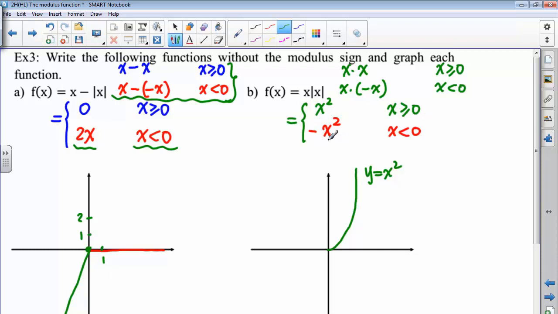And the other part is negative x squared. Negative x squared and x squared, these two parabolas have the opposite direction of opening. So this one opens down. So this one goes this way. So this one is y equals negative x squared, and you only need the less than 0 part. You don't need the other part.